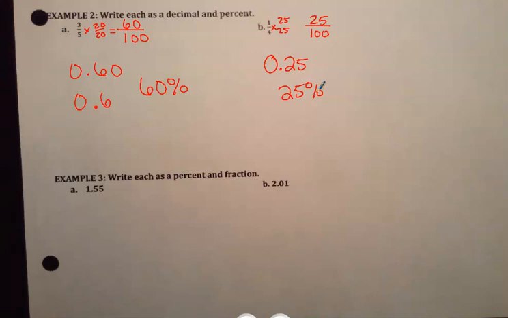Now, a different strategy that you could do, you could also do division. You don't have to do this problem like this. Like we talked about the other day, ratios are fractions. Fractions are division. You could divide and get your decimal. So we could take 3 divided by 5. 5 does not go into 3, so we put a decimal and add zeros, right?